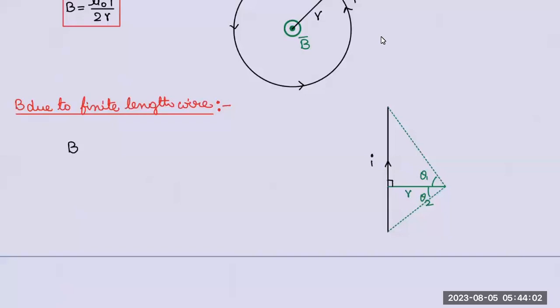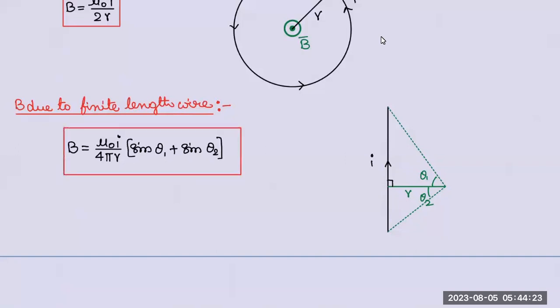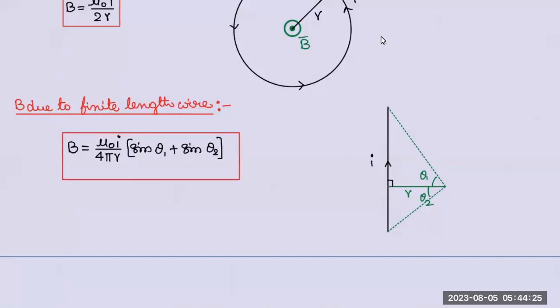So magnetic field B due to finite long wire is mu naught I by 4 pi R, sin θ1 plus sin θ2. This is the formula.